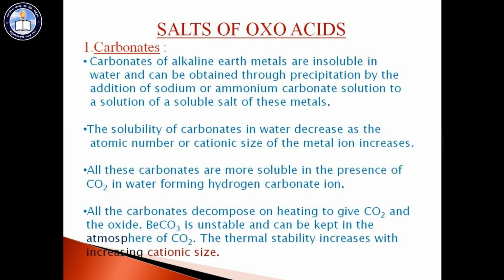The solubility of carbonates in water decreases as the atomic number or cationic size of the metal ion increases. All these carbonates are more soluble in the presence of carbon dioxide in water, forming hydrogen carbonate having the formula HCO3 minus.